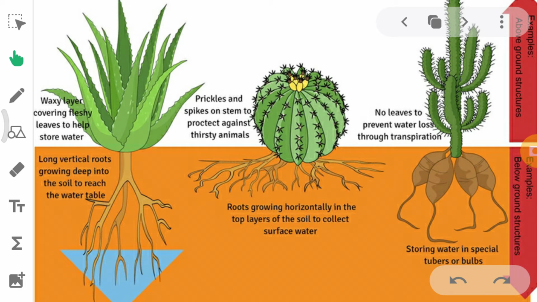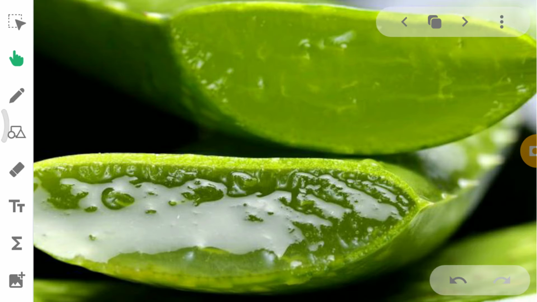There would be no plant living, right? So prickles and spikes protect these plants against thirsty animals. Now let's move on. See here, you can see the water. The water is not stored in the form of liquid. It is converted into some jelly-like substance.